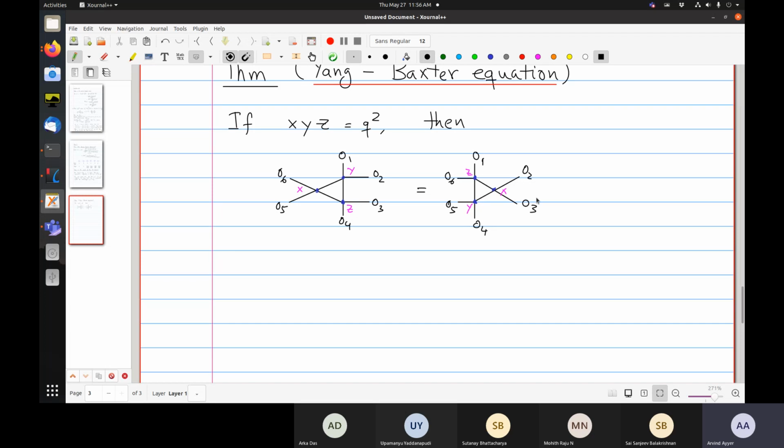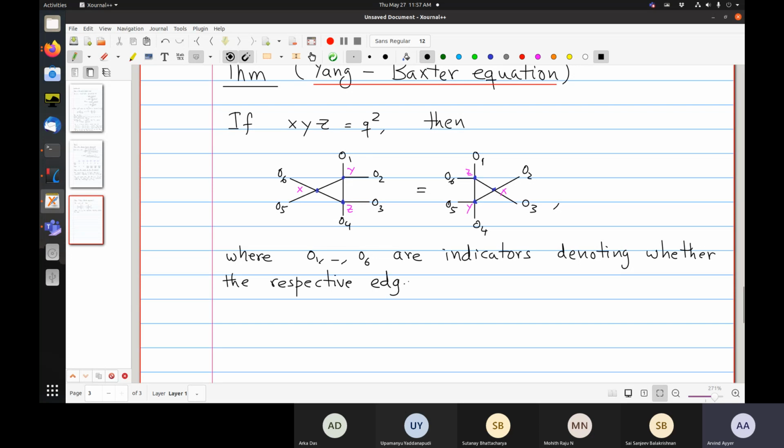Okay, so this is the Yang-Baxter equation. So it is where O1 through O6 are indicators denoting whether the respective edges are directed inward, that is towards the vertex, or outward, away from it. Okay, so what does this mean?